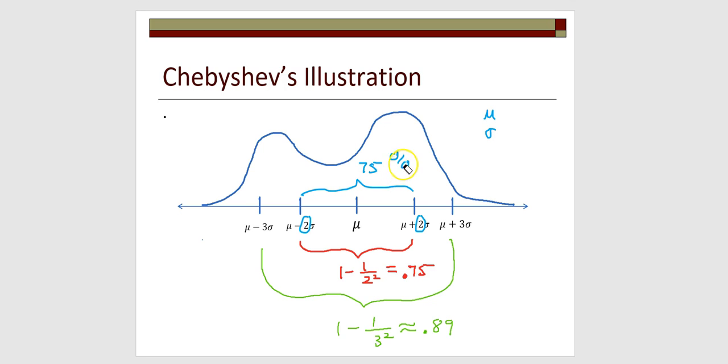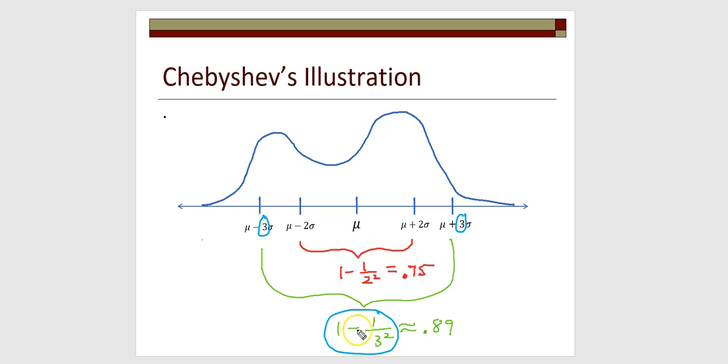Now, notice here also that if we were to move away 3 standard deviations to the right and to the left of our mean, so right here is mu plus 3 sigma, and here is mu minus 3 sigma. So here we've moved away 3 standard deviations to the left and right. Then if we evaluate 1 minus 1 over k squared, keep in mind here now the k is 3.